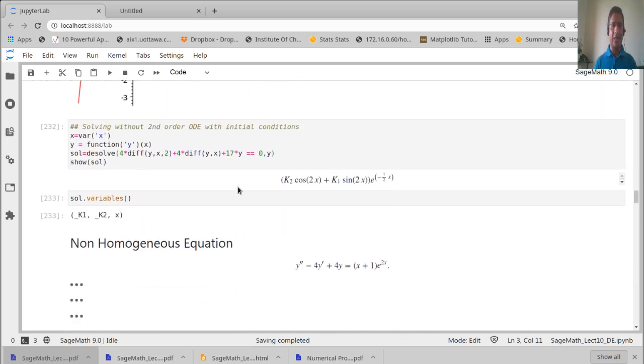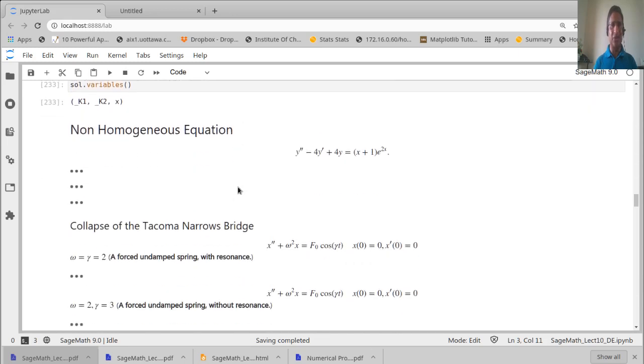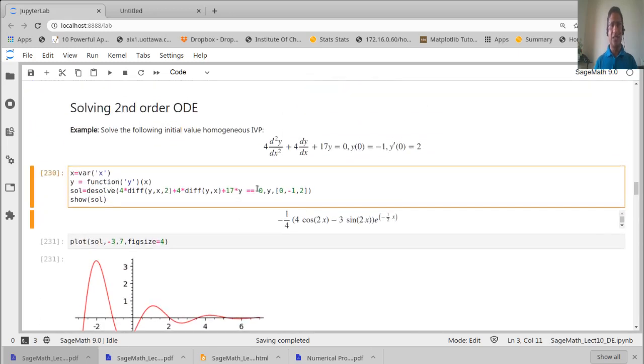Just I would like to mention, in case this were a boundary value problem, suppose y at 0 is something and y at 1 is something, then you need to give this as a list.